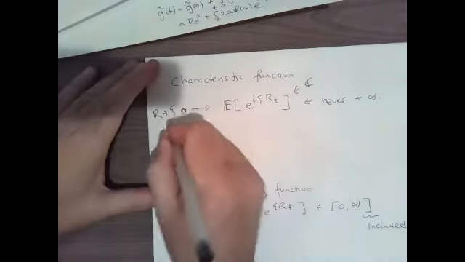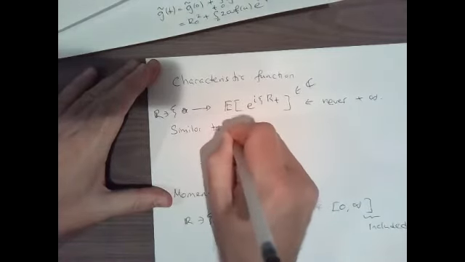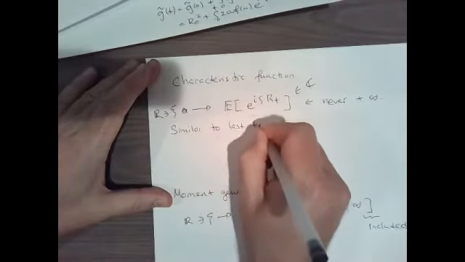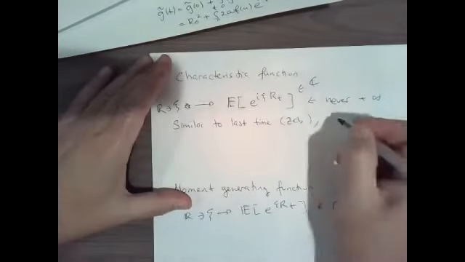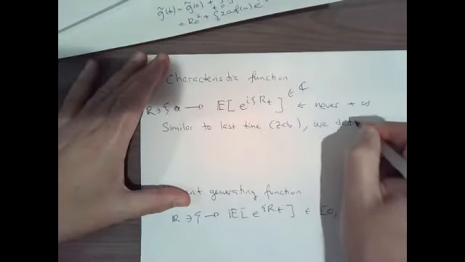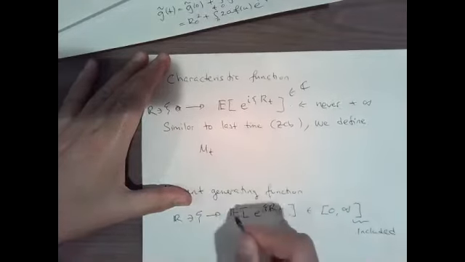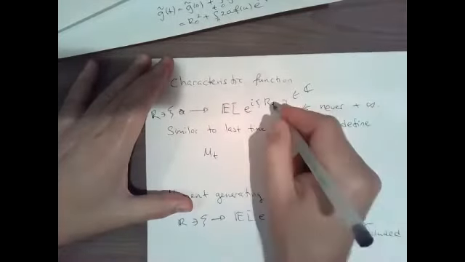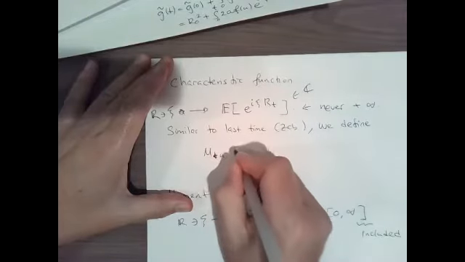So similar to last time, when we looked at the zero coupon bonds, we introduced a martingale, and the martingale is this M_T. I shouldn't call it T now because T is fixed, so let me call it u.